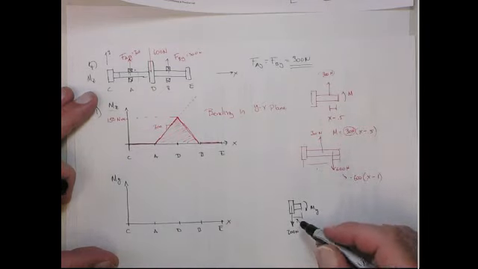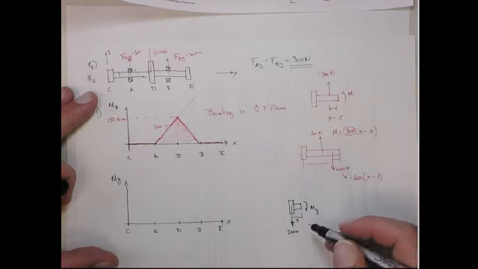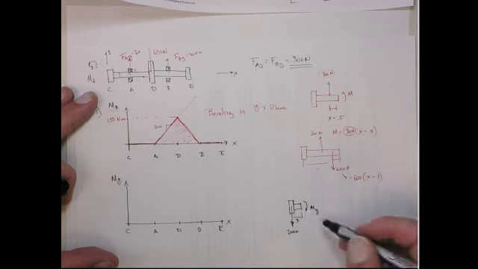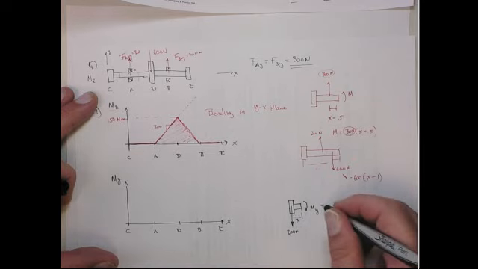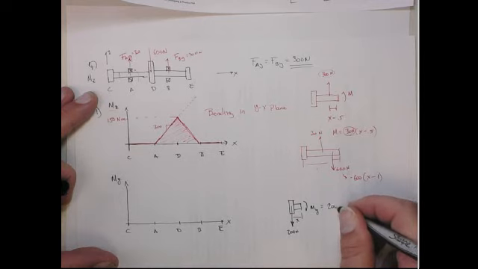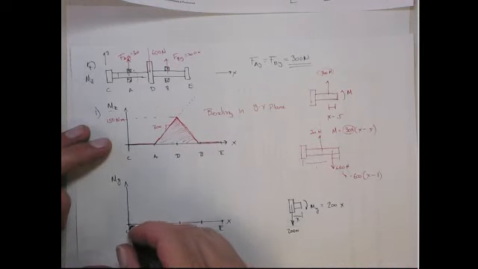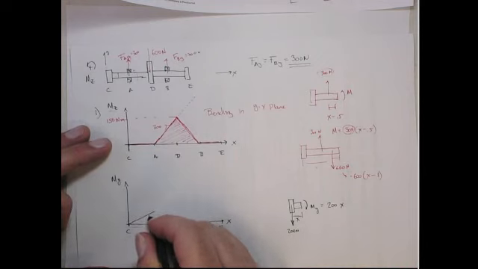So this is going to introduce negative moment balanced by the positive moment. So this one's actually going to equal 200 times x. So this is going to start off here at 0 and have a slope of 200 until I reach this point.